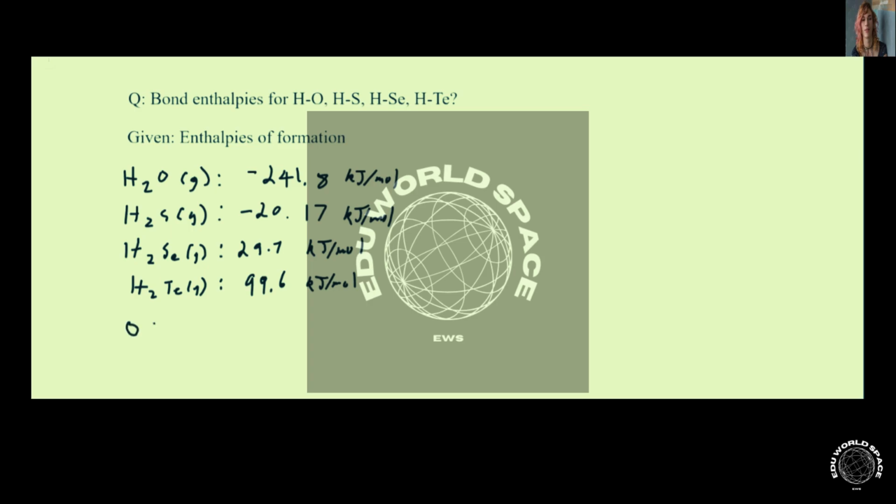So, just an oxygen atom in the gas phase. And then going down the list once more of sulfur, selenium, and tellurium, (197 kilojoules per mole).